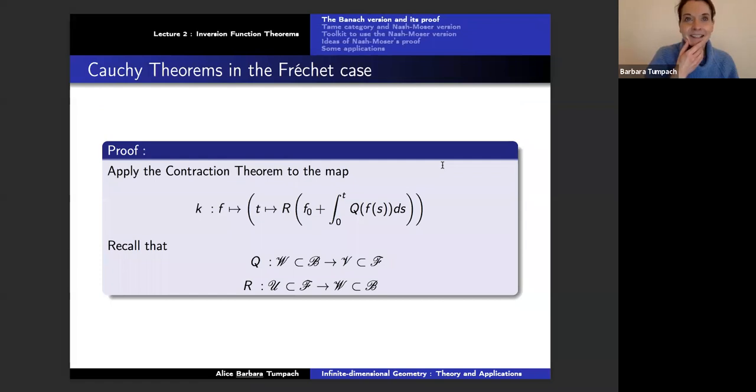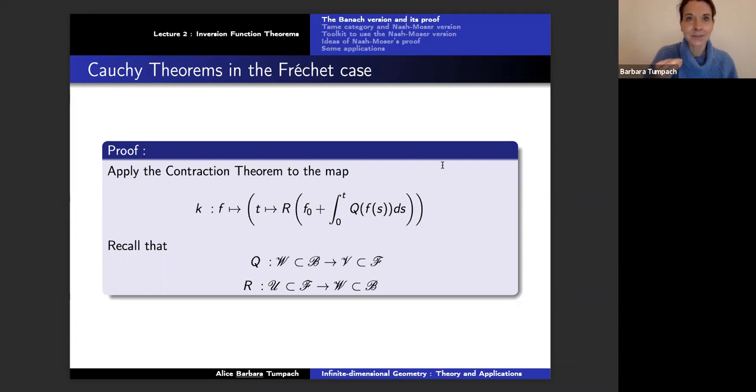Okay, so here we adapt the proof in the Banach setting by modifying the operator S sub F that I wrote before, the operator that gives a fixed point, because we wanted to go from a Banach space to a Banach space.